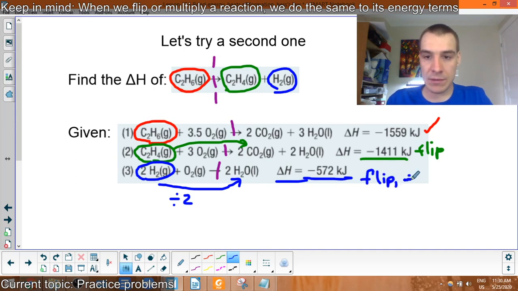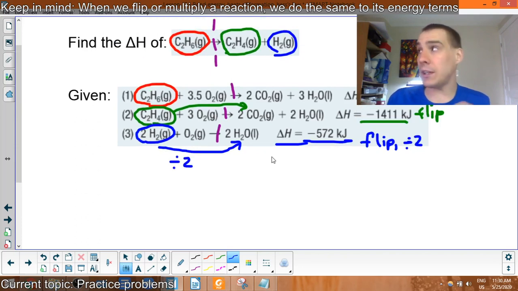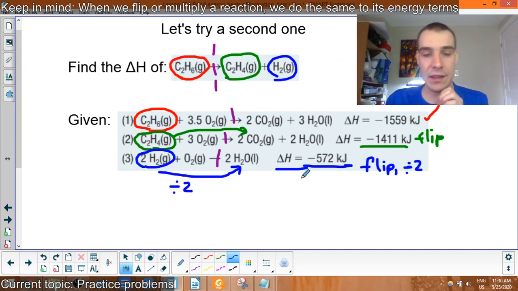That's what's being suggested logically, because there's no H2 anywhere else. So those are our 3 targets, and that's what we have to do to them. We divide by 2 to get just one H2. And hopefully, all of that is going to line up and give us the correct overall equation.